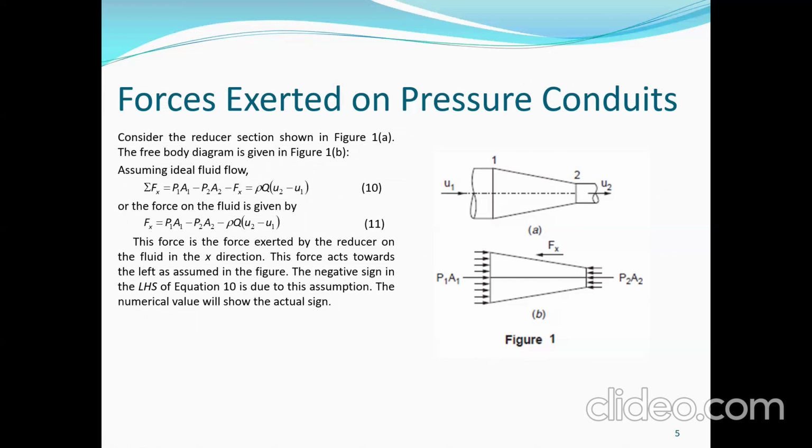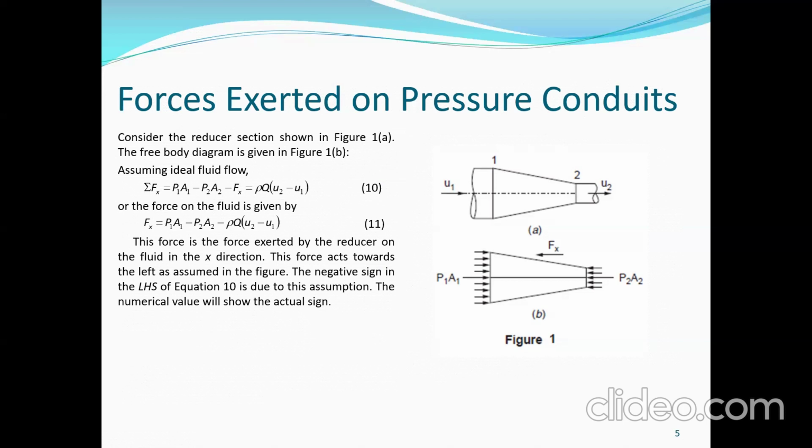Assuming ideal fluid flow, the summation of Fx is equal to P1A1 minus P2A2 minus Fx equal to rho Q times u2 minus u1. Or the force on the fluid is given by Fx equal to P1A1 minus P2A2 minus rho Q times u2 minus u1. We use capital P for pressure here because it is the reference.